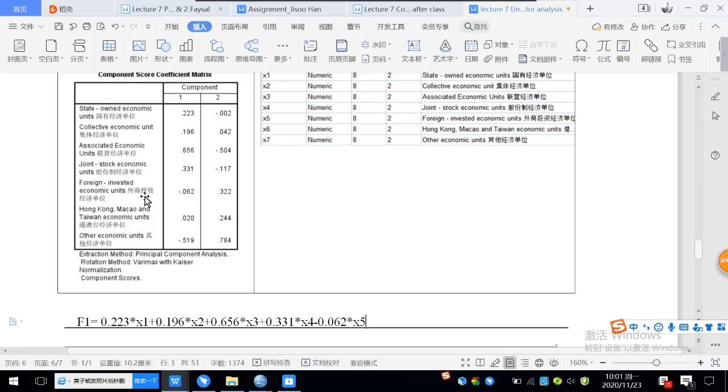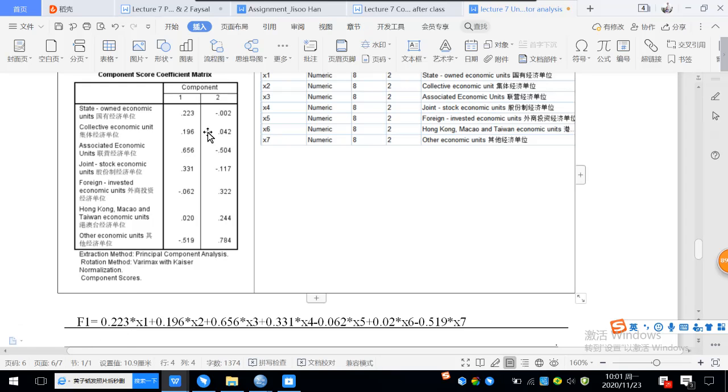Hong Kong car at 0.02 multiply x6. Finally, other economic units minus 0.519 multiply x7. That's the F1, right? Okay.